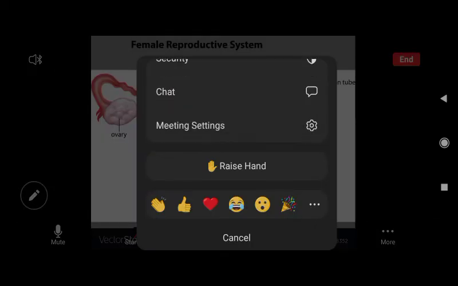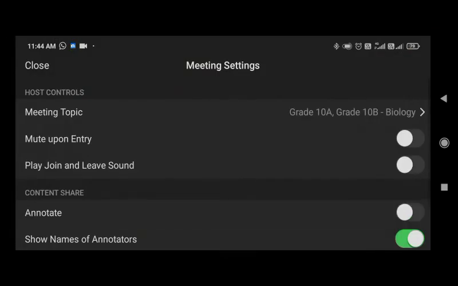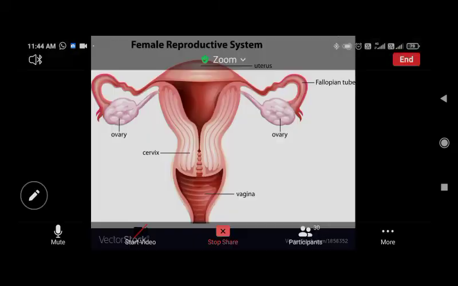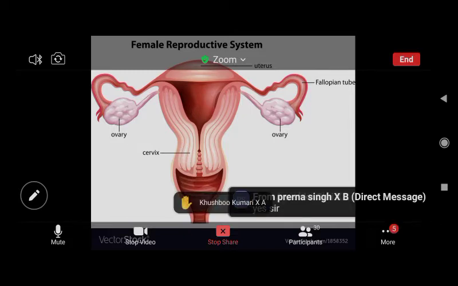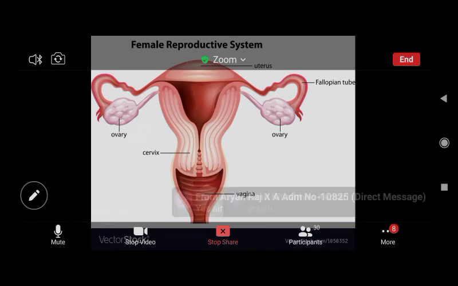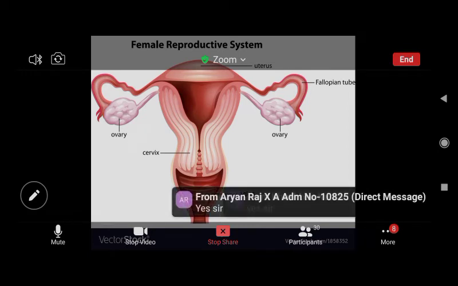Is the image visible to all? Okay, fine. Yes, Khushbu, you have raised your hand. Do you have anything to say? Okay, fine.